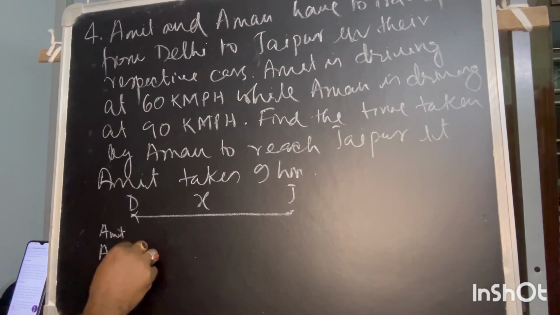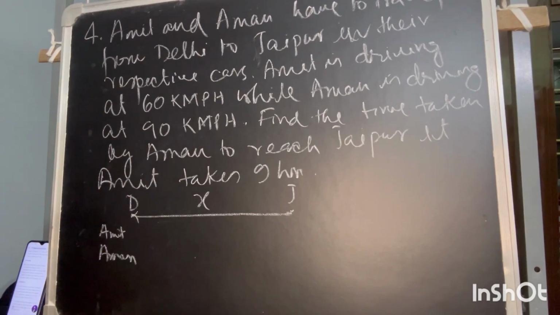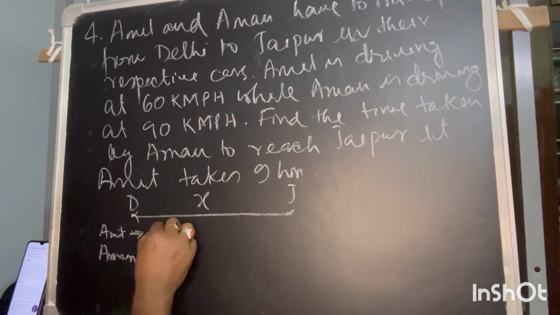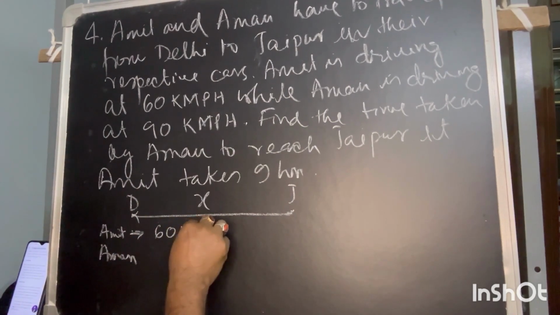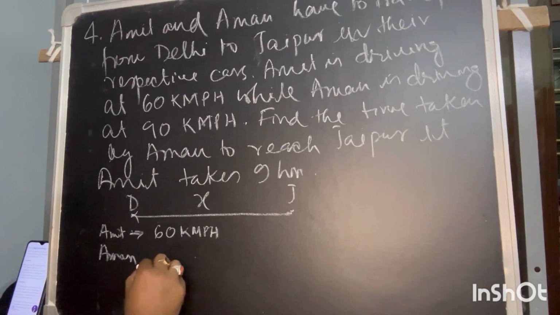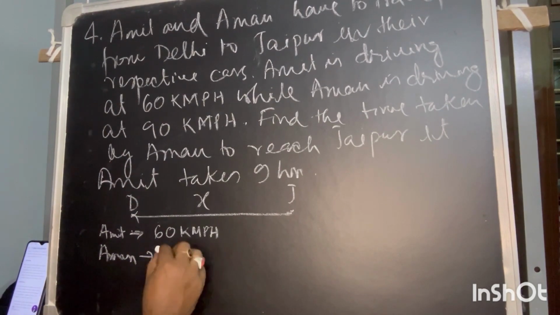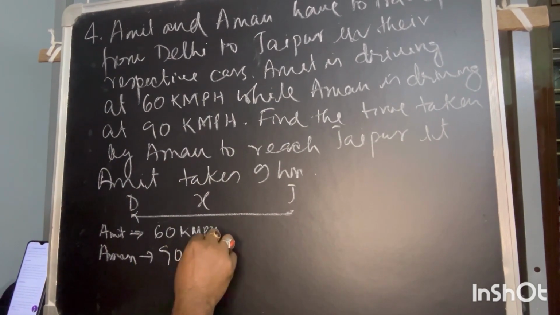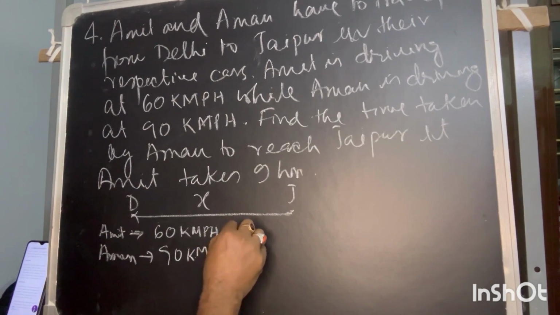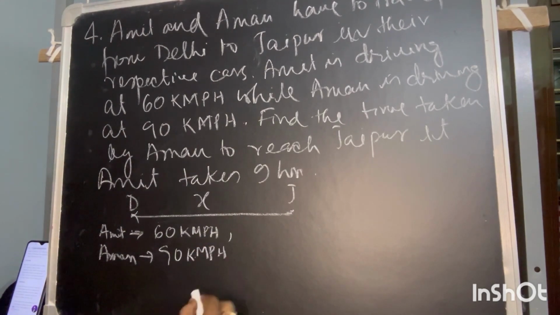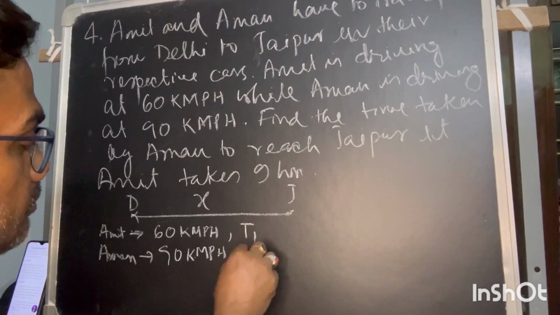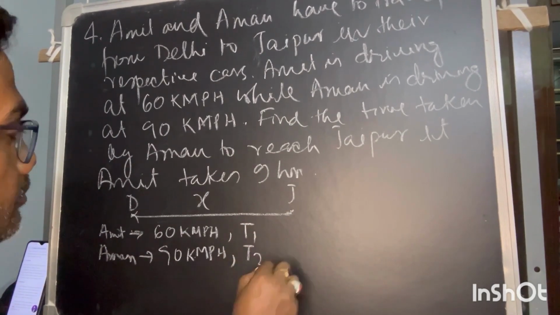Both are traveling the same distance with their own cars. Amit is moving with 60 kmph while Aman is moving with 90 kmph. So definitely they will take some time to reach. Let's say time is t1 for him, t2 for him.